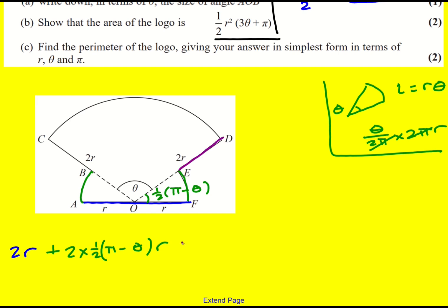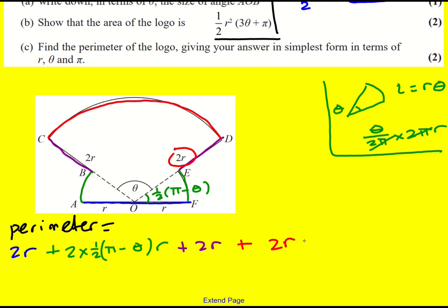Then I'm going to add r, because that's r, but that's also r, so actually I can add 2r. And then finally, it's just this bit, which is going to be r theta, but r, remember, is 2r here actually, so it's 2r times theta.